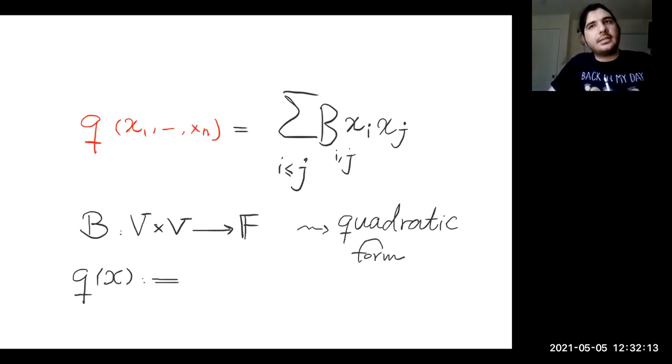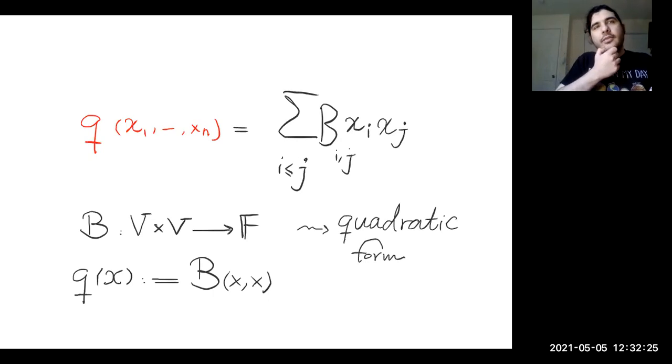Can you guess that? Yeah, it would be just B of X and X. So the other way of thinking about a quadratic form is that it comes from a bilinear form, and that's the way of going from bilinear form to quadratic form, and that's always the case.